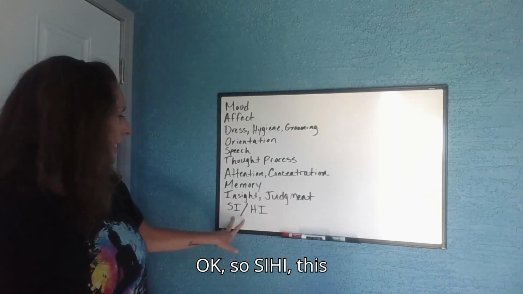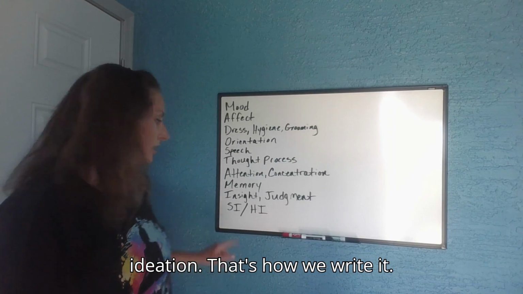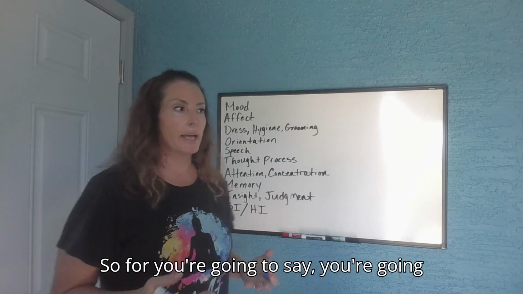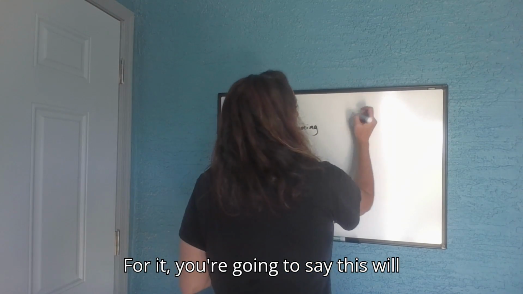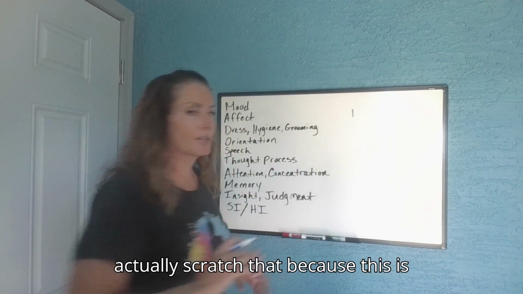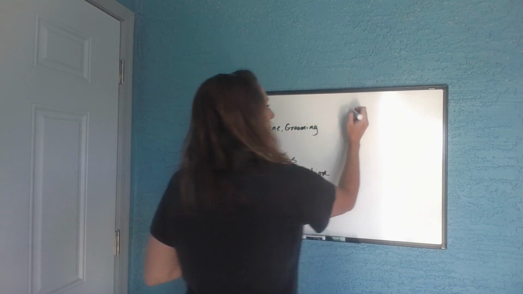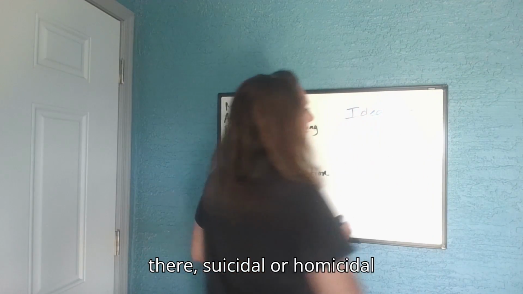Okay, so SI/HI. This is suicidal ideation, homicidal ideation. That's how we write it. So you're going to assess a few different things for it. Actually, scratch that, because this is just for ideation. All that means is, are there thoughts there?